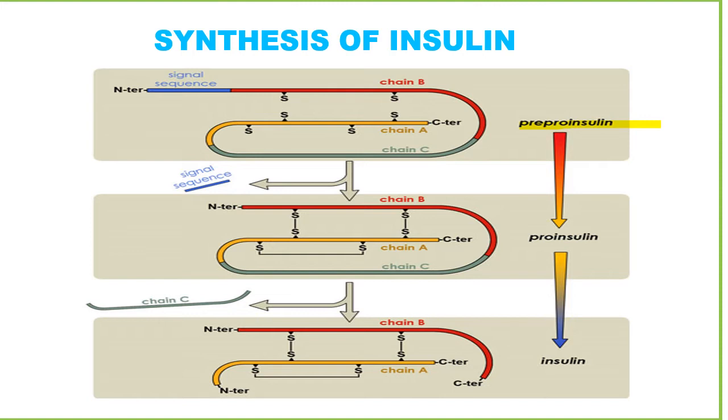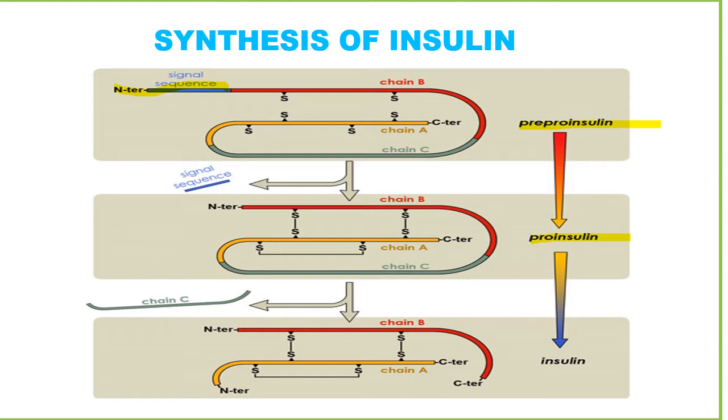What happens is that subsequent proteolysis removes the amino terminal signal peptide, this N-terminal signal sequence, which leads to the formation of proinsulin.